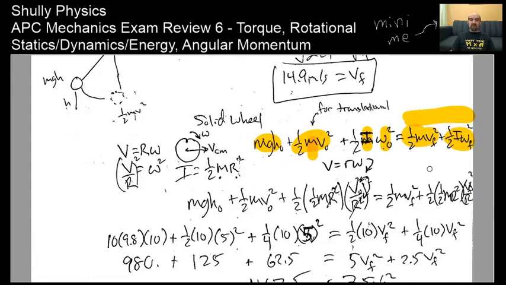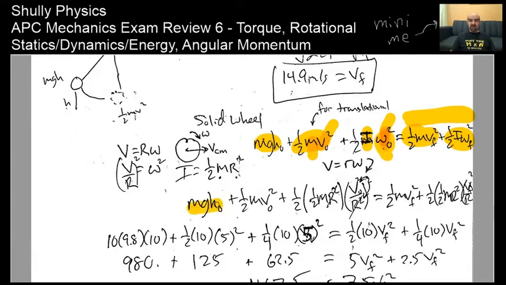So what we're going to do is substitute in. We have to relate the translational kinetic energy to the rotational, and the connection there is that the center of mass velocity of this wheel is equal to the edge velocity of the wheel. So if the edge velocity relates to the angular velocity of the wheel, then we can substitute all those in.